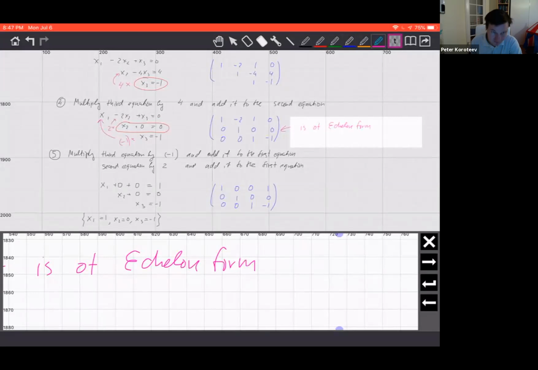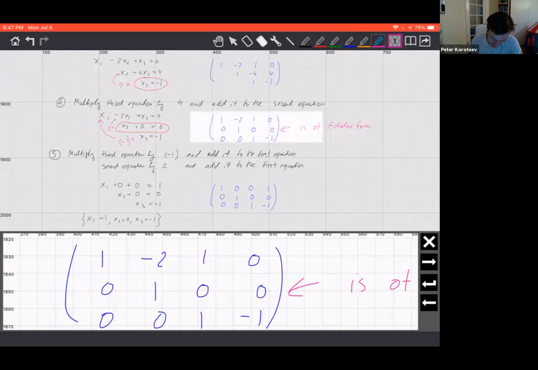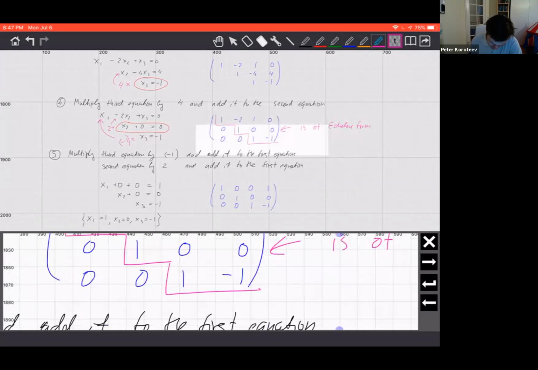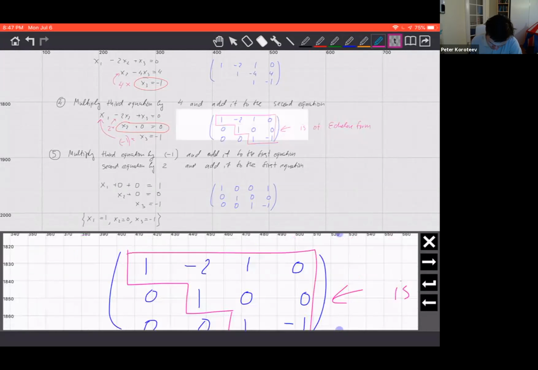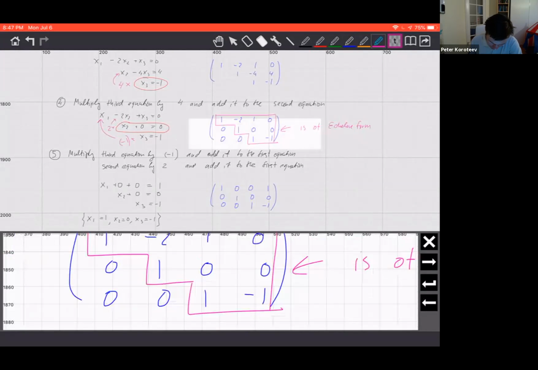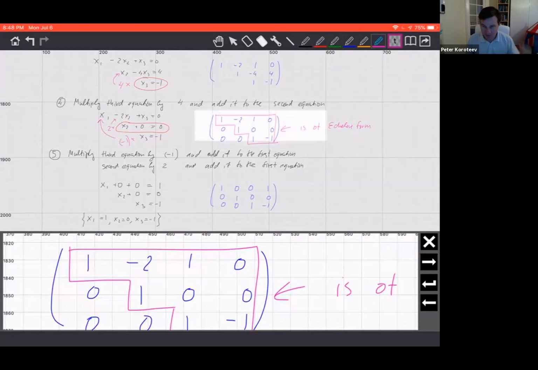I'll write the definition in a second, but basically the intuition is that it should look like an inverted staircase, such that underneath the staircase you should only have zeros. So the longest row without zeros should be at the top.